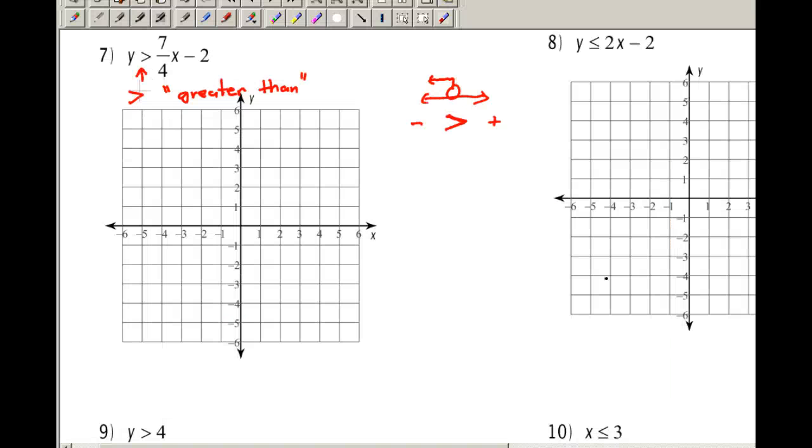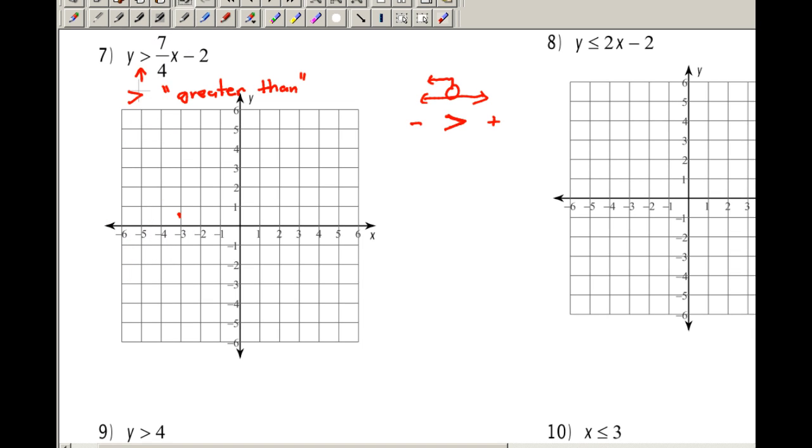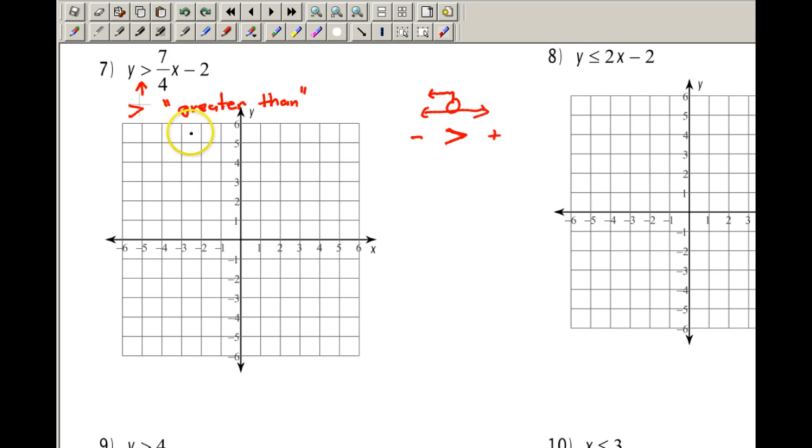So going back here, go ahead and graph it. So start at -2 and go up 7, right 4. Up 7, right 4.